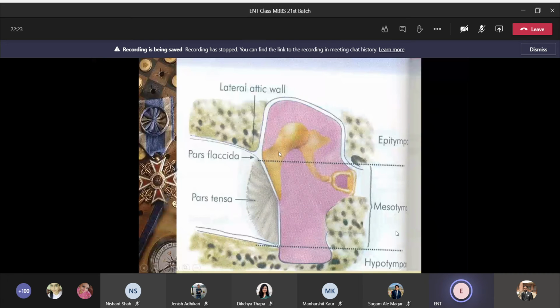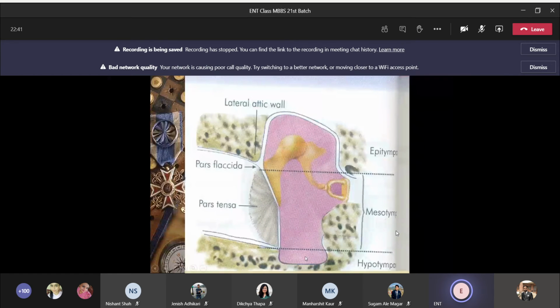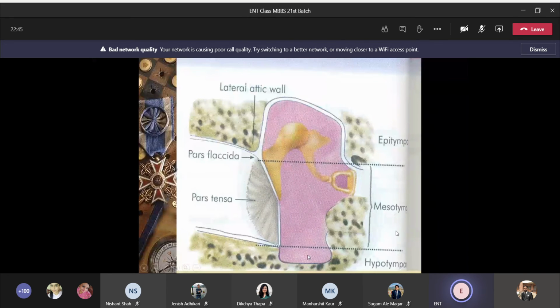And in this picture, we can see the lateral wall and the medial wall. The medial wall is continuous with the inner ear. The medial wall consists of the promontory, the oval window, and the round window here. The roof is formed by the tegmen tympani, and above it is the middle cranial fossa.